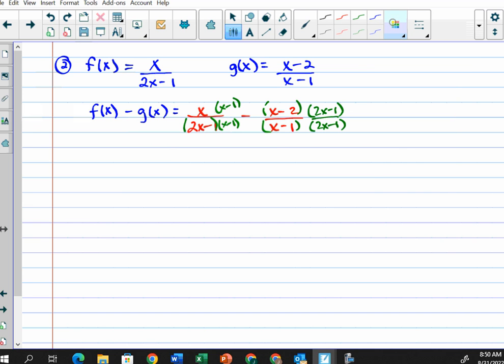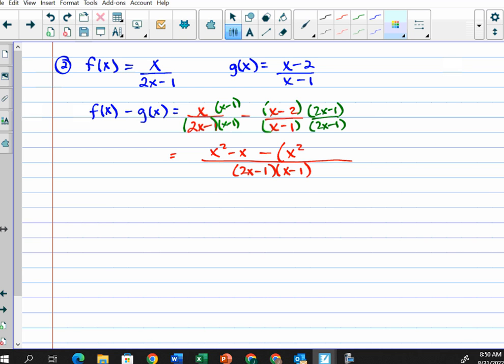Then I get to multiply. Denominator, we're good. It's 2x minus 1 times x minus 1. And honestly, guys, I don't care if you multiply out your denominator. Leaving it in factored form, it's so much easier to figure out your domain from there. But the numerator, I do want you to simplify a little bit because we've got multiplication and subtraction happening. So I'm going to distribute. This will be x squared minus x. Then be careful. It's minus all of this, okay?